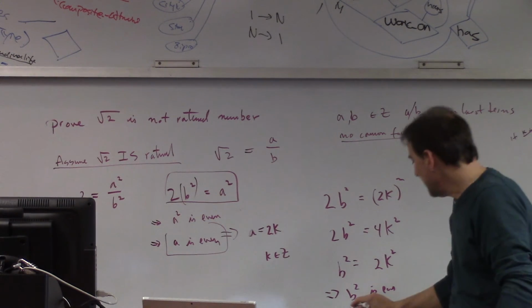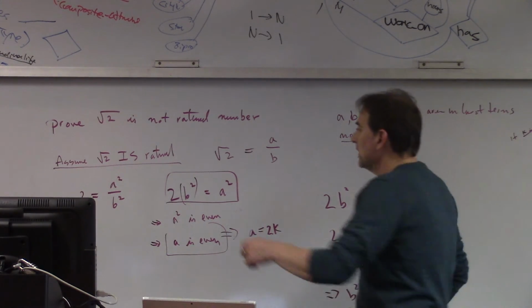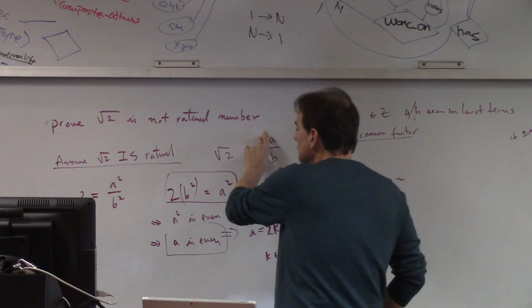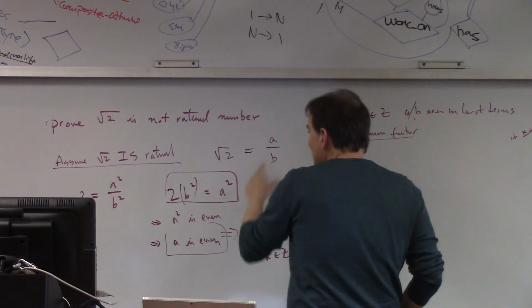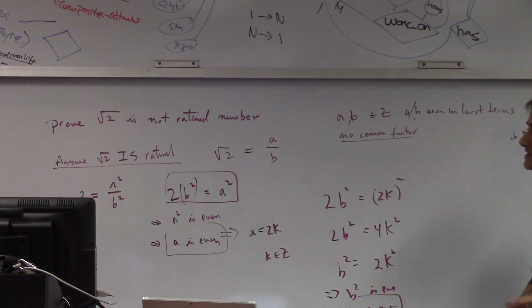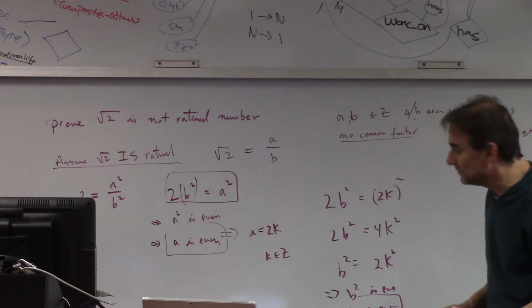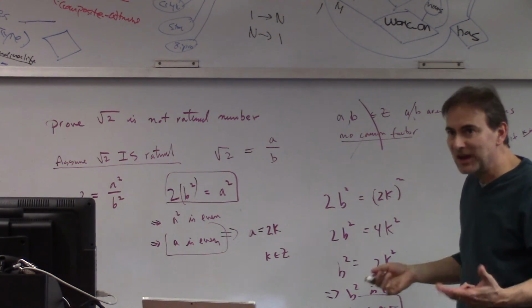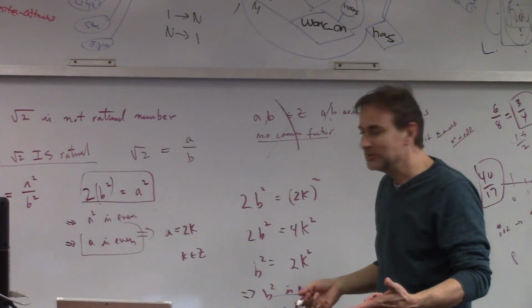So now I have determined that when I put square root of 2 into lowest terms of integers, I get the fact that a is an even number and b is an even number. Which means that they are not in lowest terms. This can't happen.